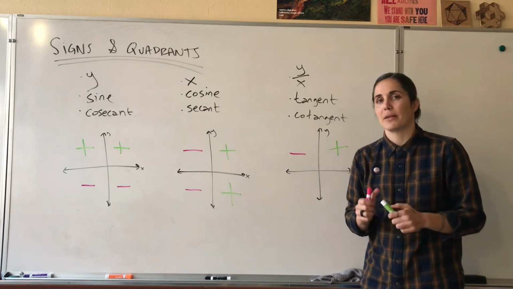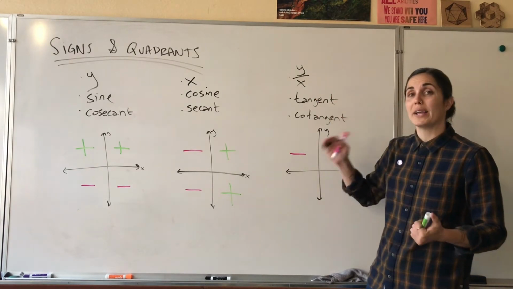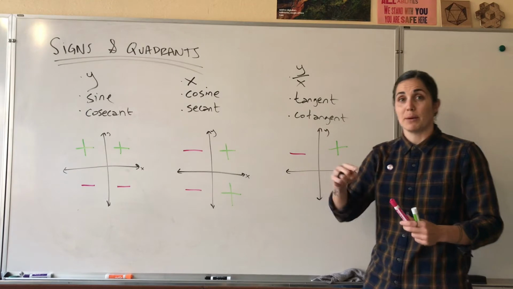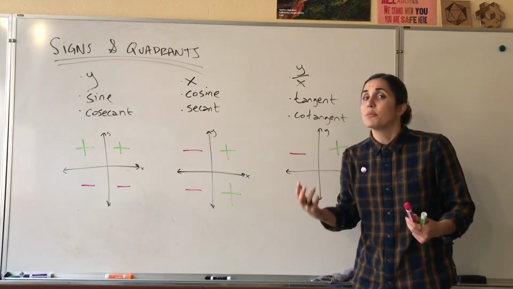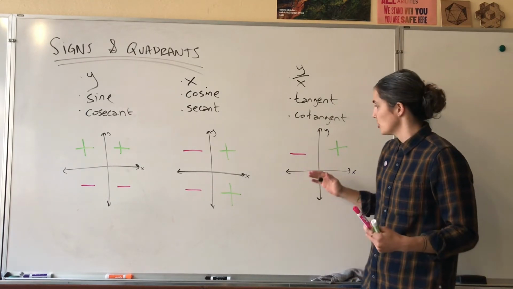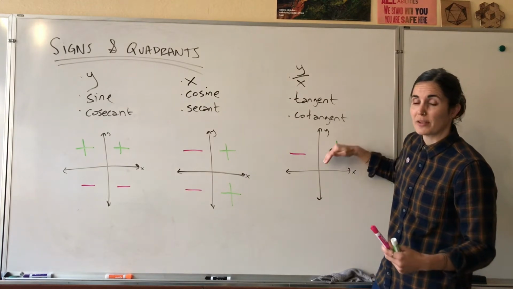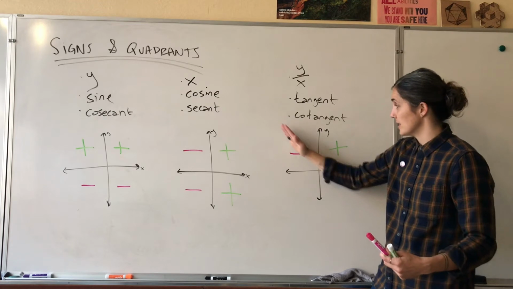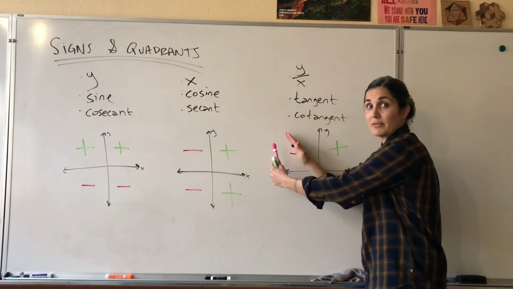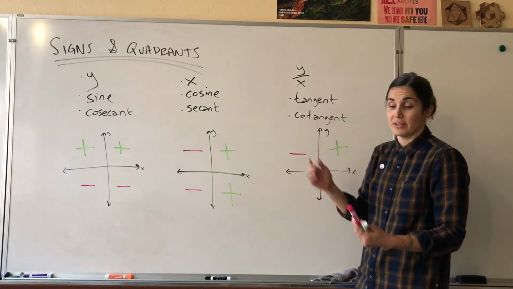Another way to think about this, tangent being y over x, if we think about those triangles, it should feel pretty familiar to slope. So the slope of the line also tells you whether the tangent is positive or, in this case, negative, because again, from left to right, this line would have a negative slope.